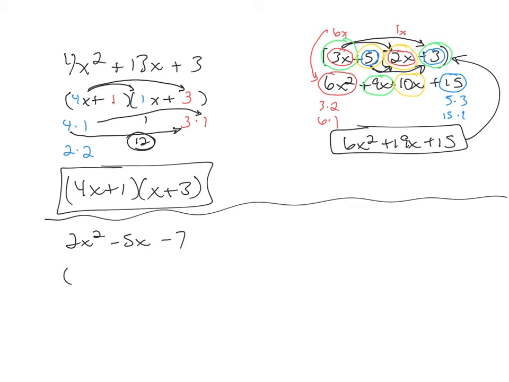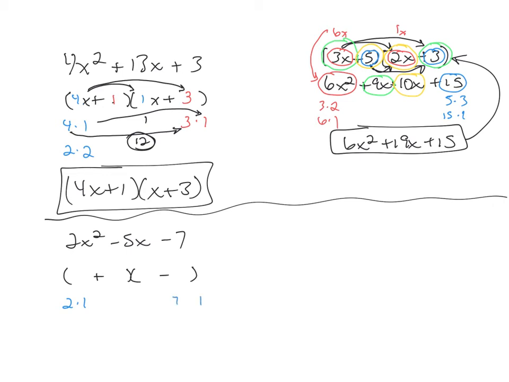There's not. What are the signs? The last term's negative, so it means there's one of each. Okay, what times what is 2? That's nice because it's just 2 times 1. And then what times what is 7?